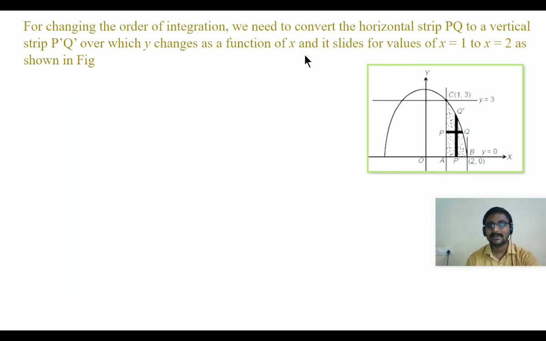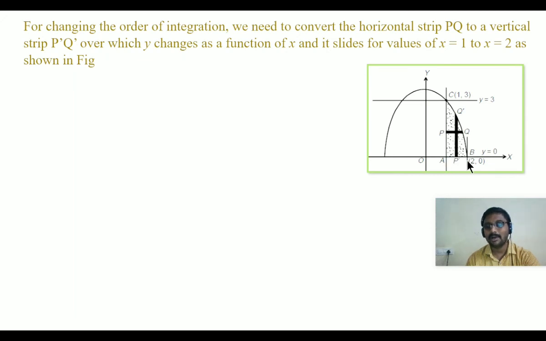It slides over the values from x equal to 1 to x equal to 2, as shown in the figure. Here the old strip is PQ and the new strip is P dash Q dash, considered in the same closed region.